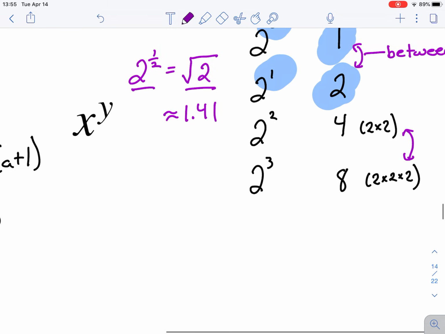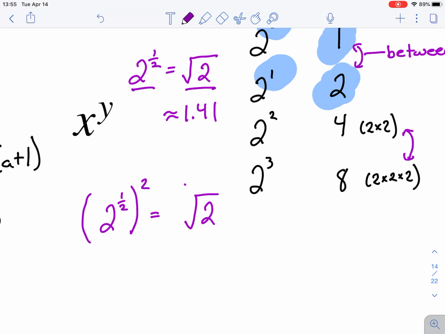Now, can I prove that 2 to the 1/2 is equal to the square root of 2? Well, I can. So let's write this out. 2 to the power of 1/2, and let's make it equal to the square root of 2. What happens when we square both sides? Well, if we take the square root of 2 and we square it, we get the square root of 2 times the square root of 2, which is equal to 2.